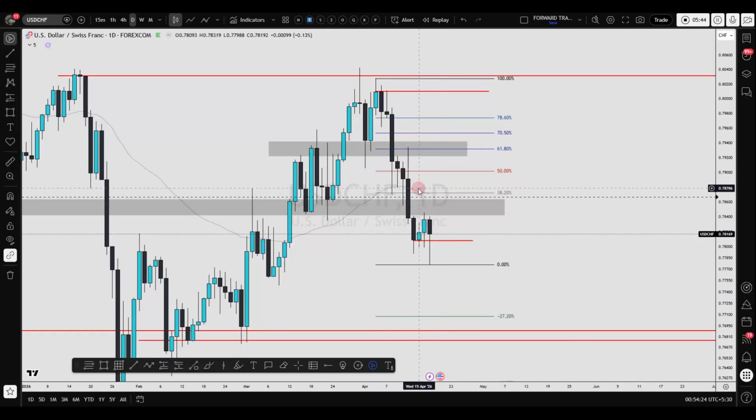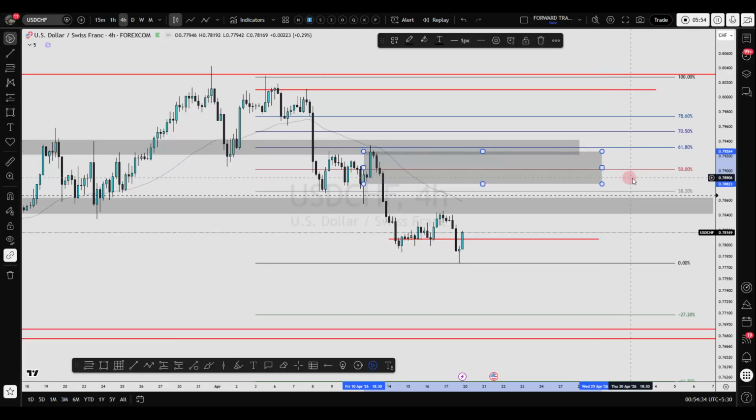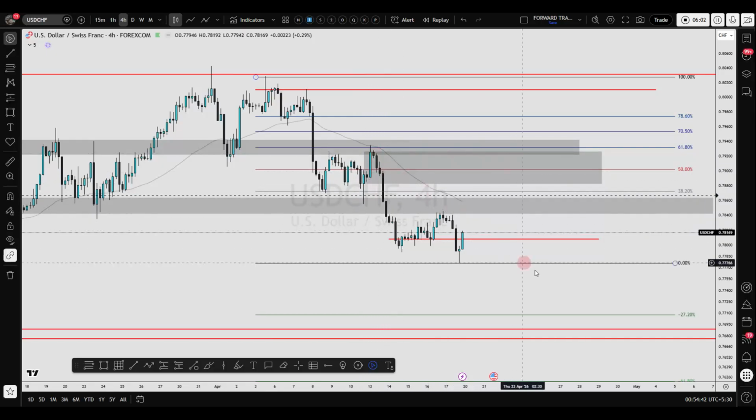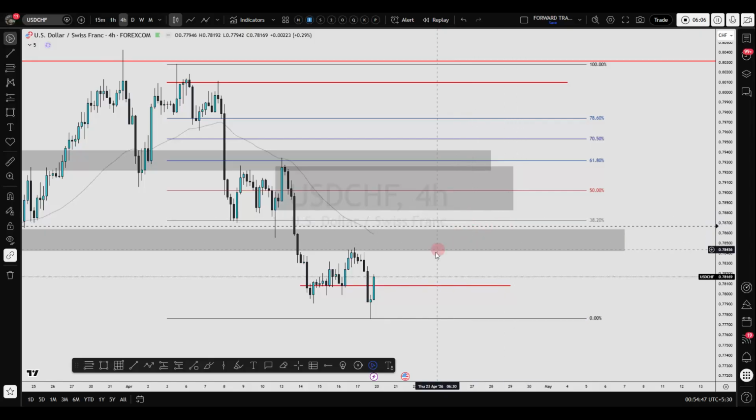I think I can get a zone in 4 hour here. Yes, I'm getting a good flip area at around this level. I can also see a good zone area of demand at around this level. This is the last bullish move upside before the drop, and I'm marking the close to close, which is perfectly above 38.2.